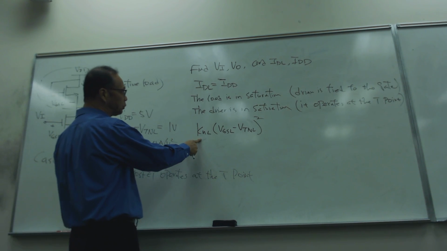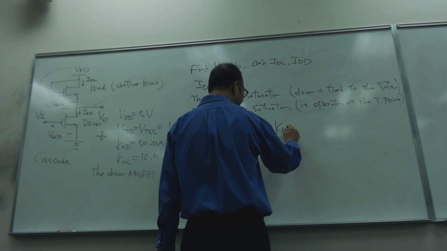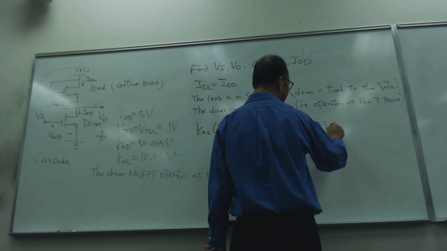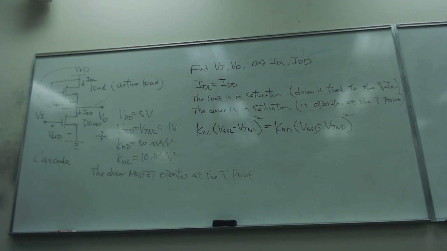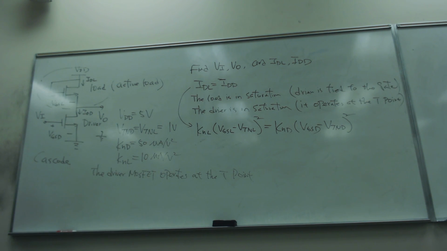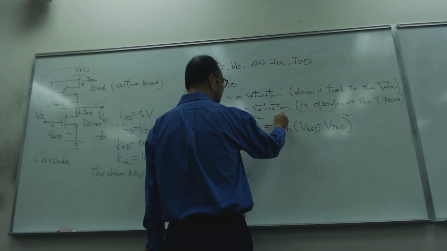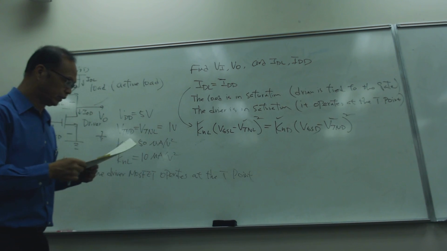Because that's the equation for saturation for the load, and it's equal to KN driver (VGSD minus VTND) squared. Unfortunately, you have more than one unknown, right? This is known, known, known, known. That's it. You do not know VGSL, you do not know VGSD.